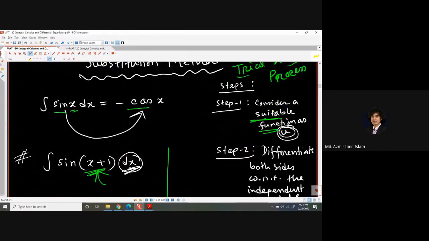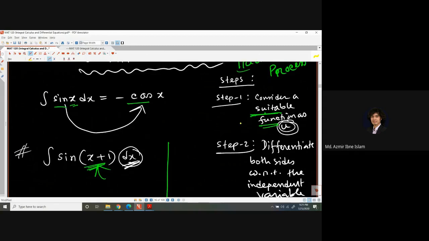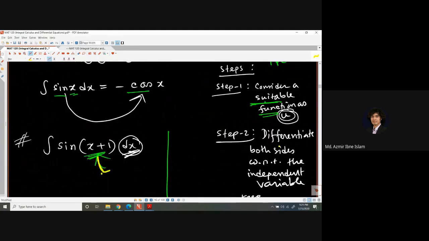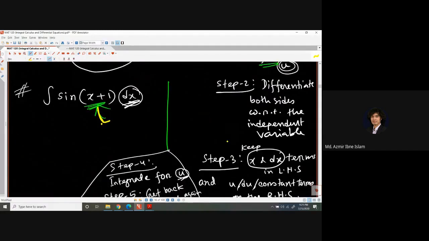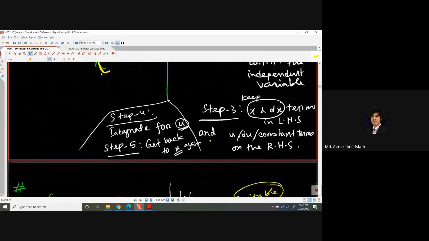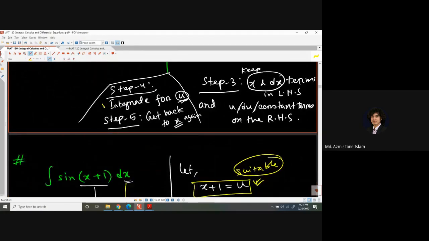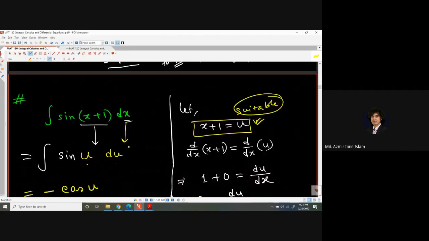If the function is not suitable, you will understand it when you replace x plus 1 by u or dx by du, and see whether the calculations go with the direct formulas or are becoming easy.